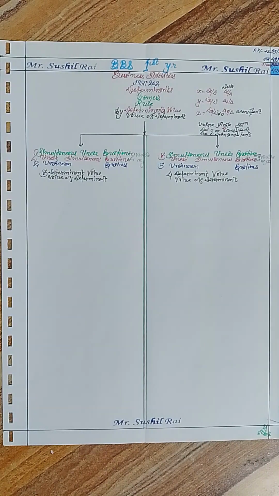Welcome, BBS first year, Business Statistics, MGT202. Determinants: Cramer's rule by determinants.